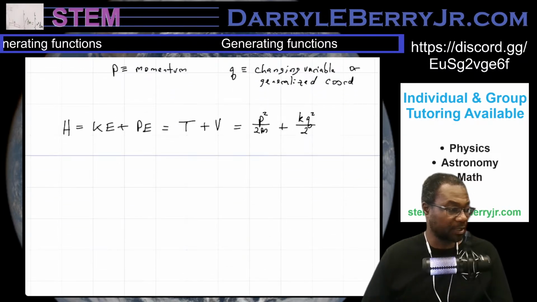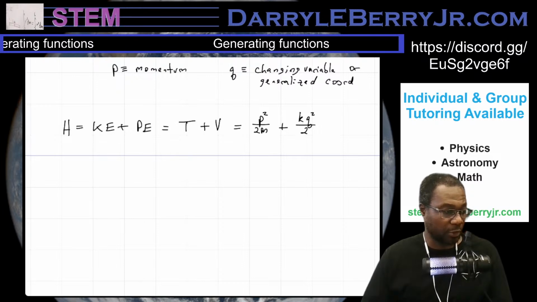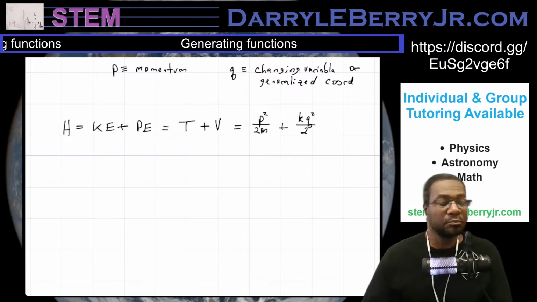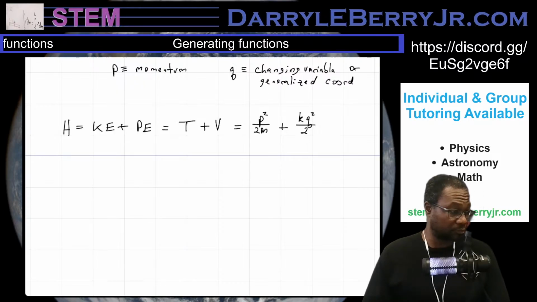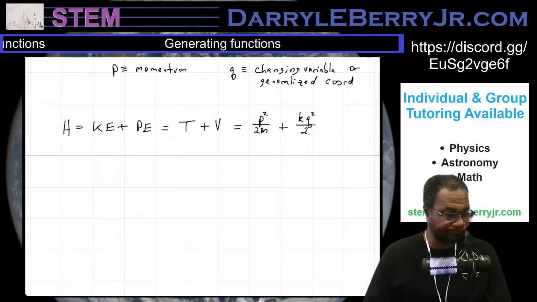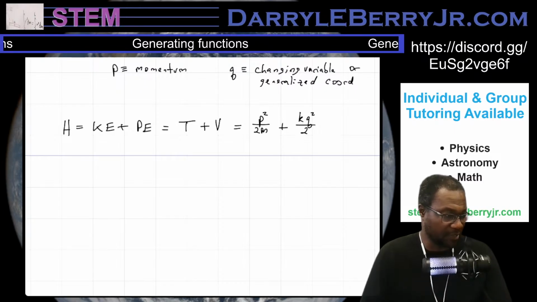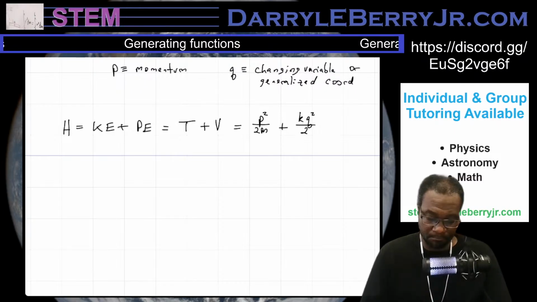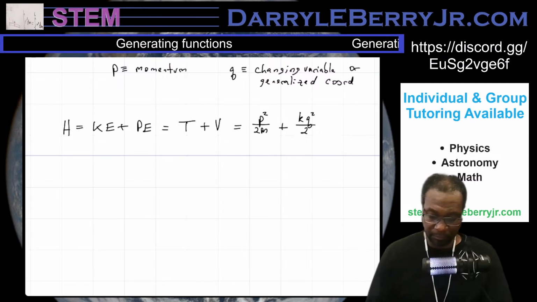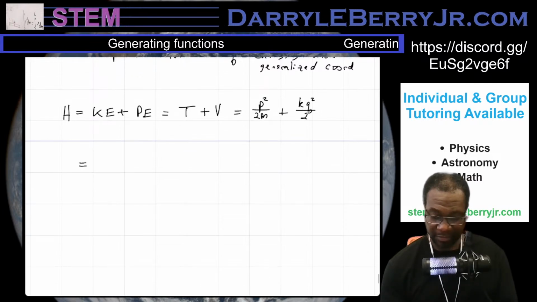All right. So we have that. Designating the ratio K over M to be omega naught squared, H can be written as... it's interesting what they do. We can look at this for a moment.